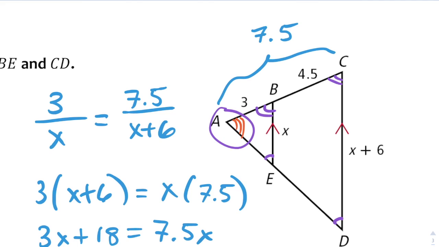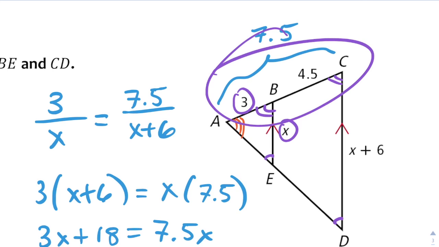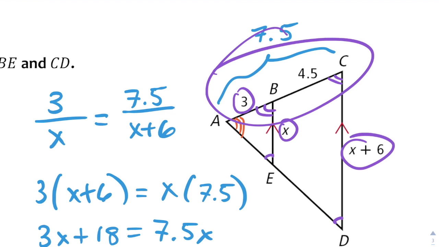We also know that angle A is congruent to angle A because of the reflexive property. It's both angle A in both triangles. So we set 3 is to 7.5 as x is to x plus 6. So it's whole side, base, and base.